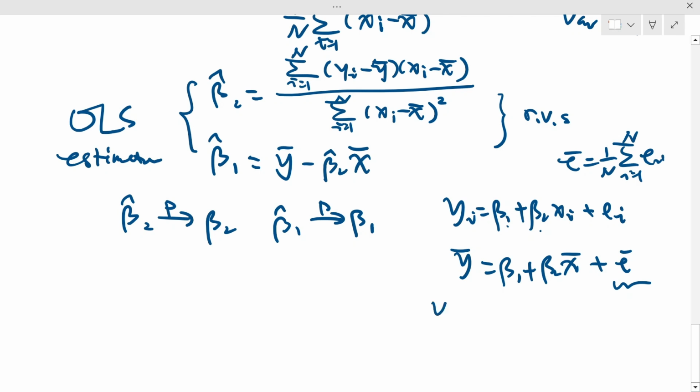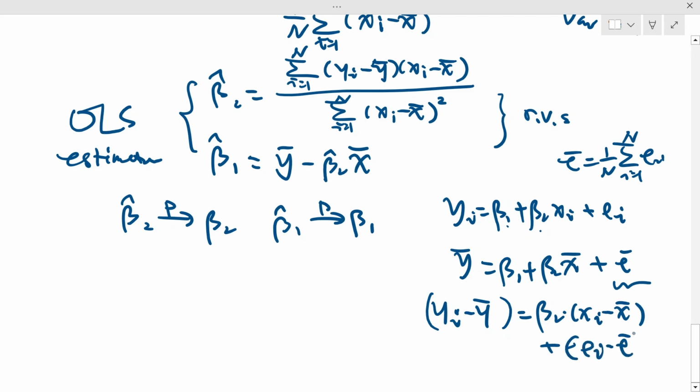So yi minus y bar is equal to beta 2 times xi minus x bar plus ei minus e bar.